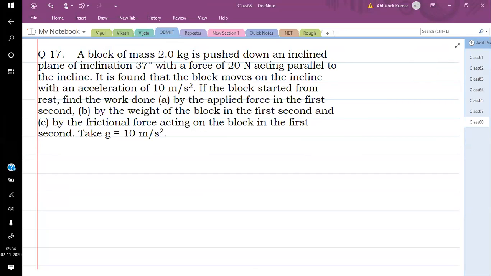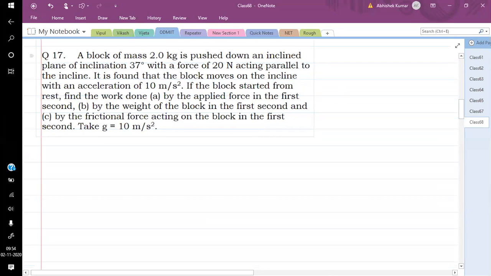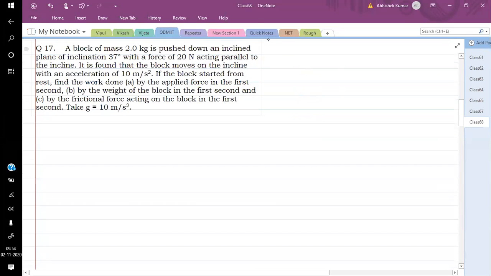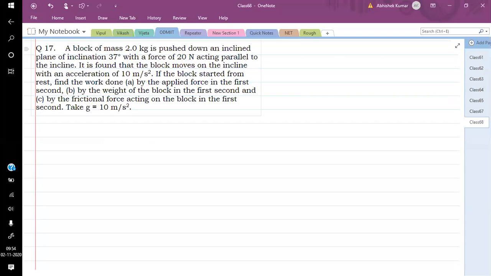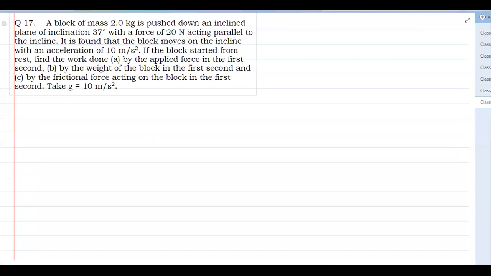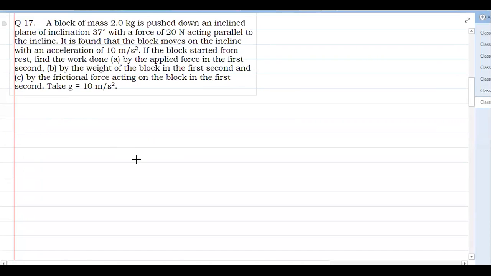So first we will make a diagram for this. Okay, so what are the different forces acting and how can the work done be calculated? If you make the diagram, this is the incline. The object is kept here, and what are the forces acting?